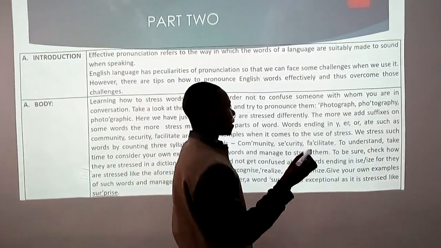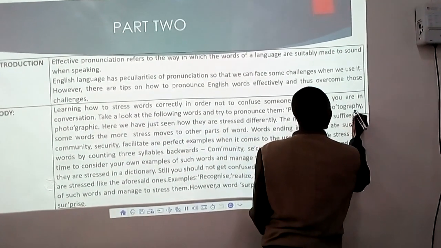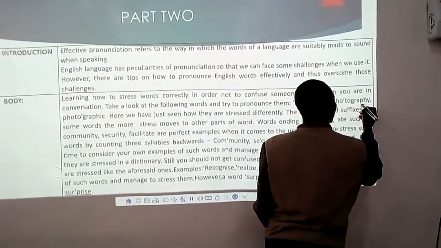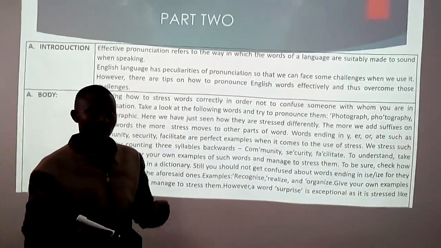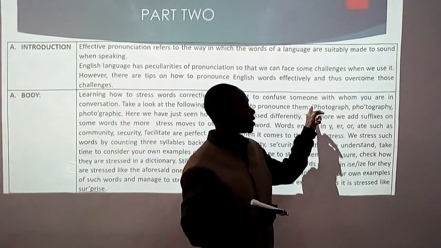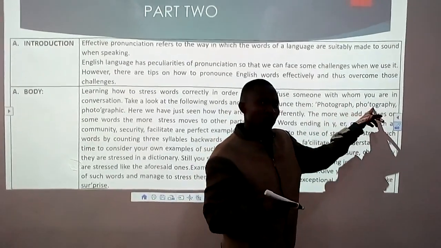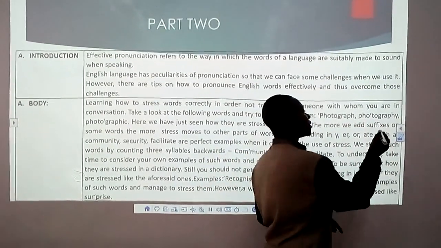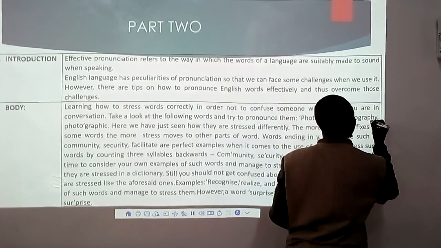Okay. You see, you have to go from this photography, this field. Okay. Now, just as you see, the stress has moved from P to the next syllable. Why so? It's because of this y. This y you see here.